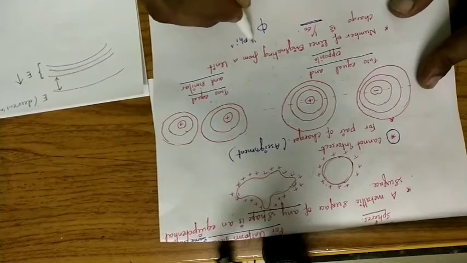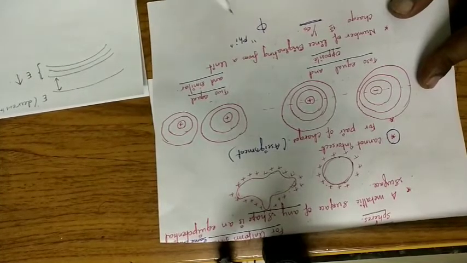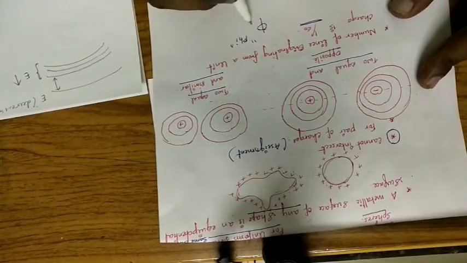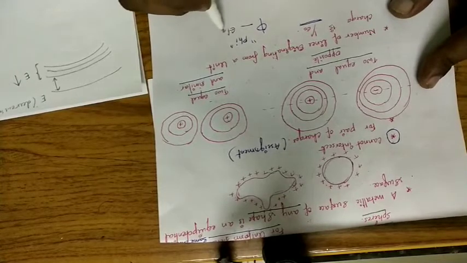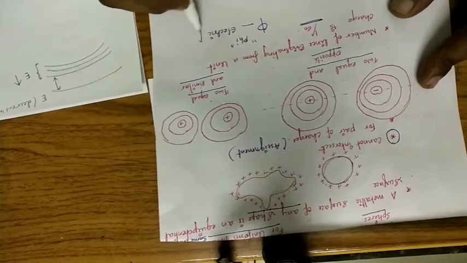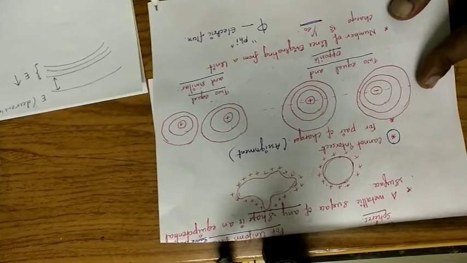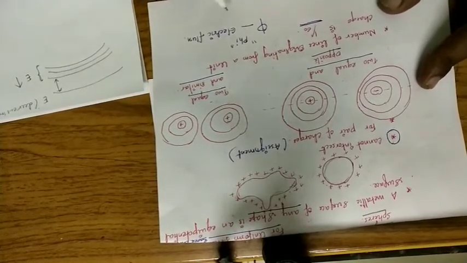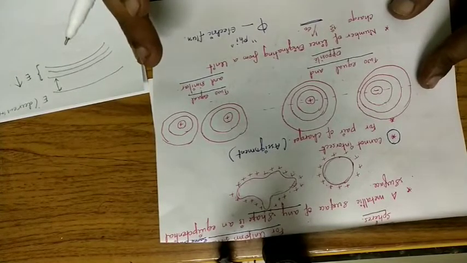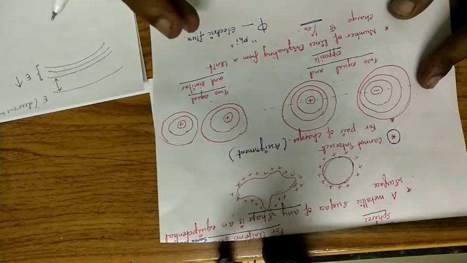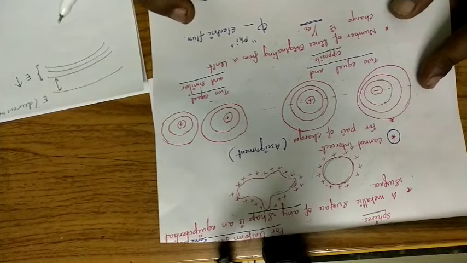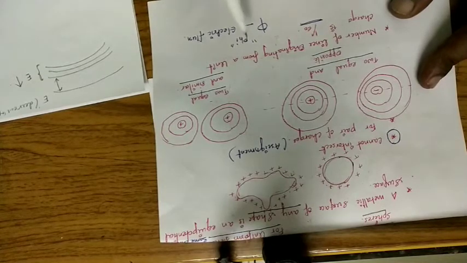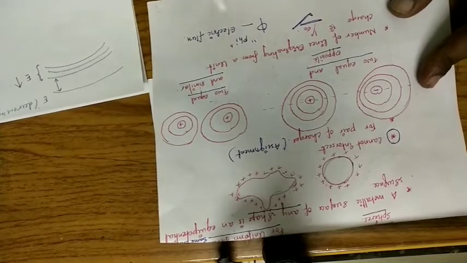This phi is also named electric flux. So electric flux is nothing but the number of lines crossing a particular surface area. The number of lines originating from a unit charge is given by 1 by epsilon naught. Always keep that in your brain.